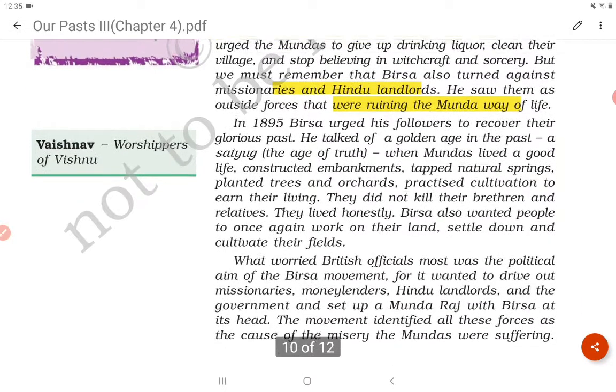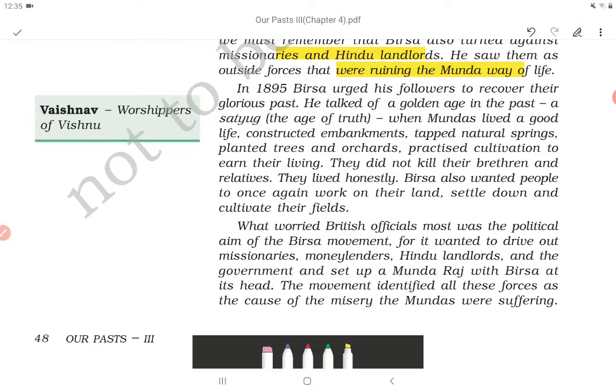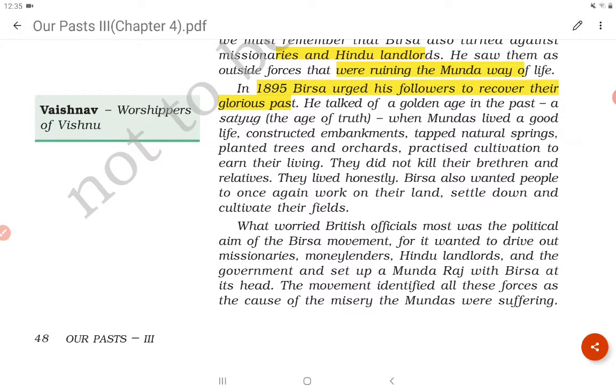In 1895, Birsa urged his followers to recover their glorious past. He talked of a golden age in the past, a Satyug, the age of truth, when Mundas lived a good life, constructed embankments, tapped natural springs, planted trees and orchards, practiced cultivation to earn their living.